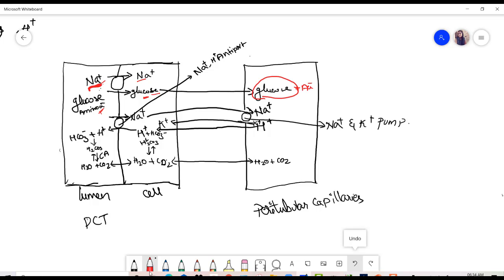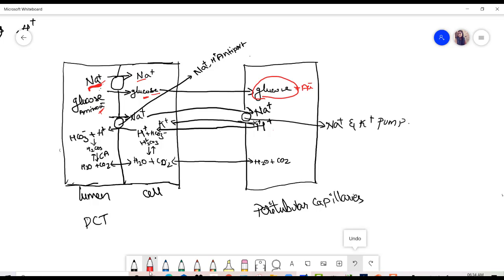Again, the remaining sodium will come into the cell and from there it is transported to our peritubular capillaries. When it is transported to the peritubular capillaries, the hydrogen in the peritubular capillaries will go back to the proximal convoluted tubule, into the cell.